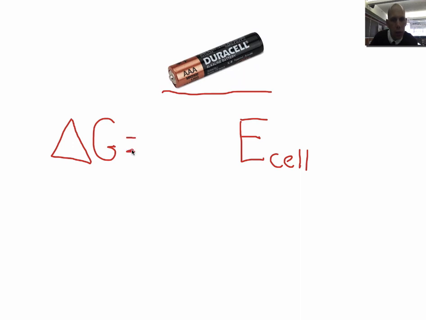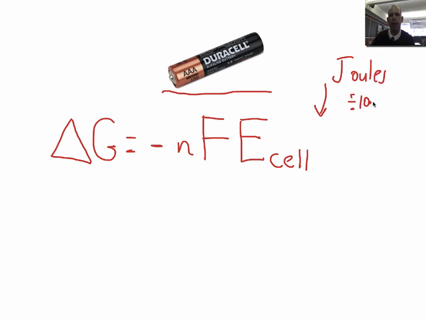So the delta G is equal to the product of the moles of electrons transferred multiplied by this constant called Faraday's constant, with a negative in the front here. If you notice, the negative in the front allows us to have a positive voltage yielding a negative delta G. And the units on this are always going to be joules. And often it's converted to kilojoules by dividing by 1,000.